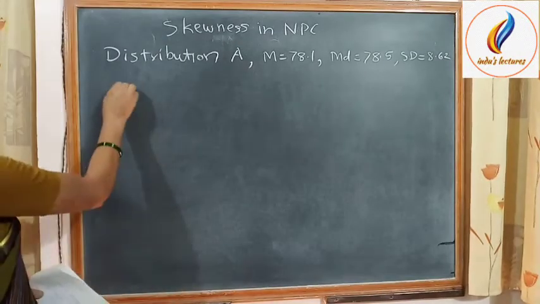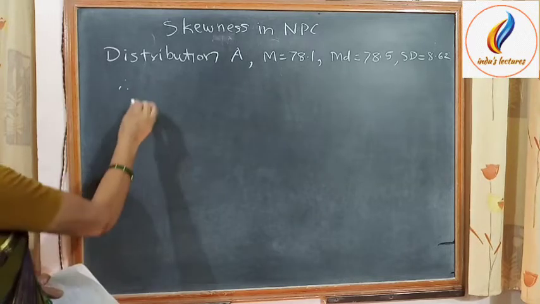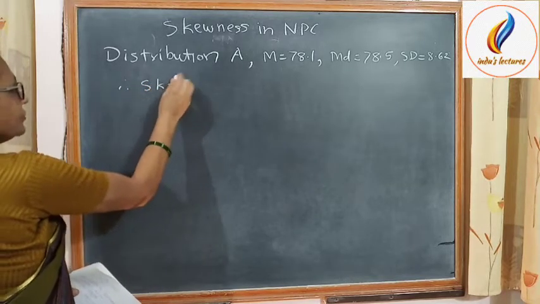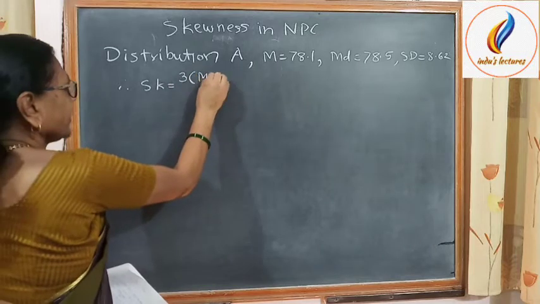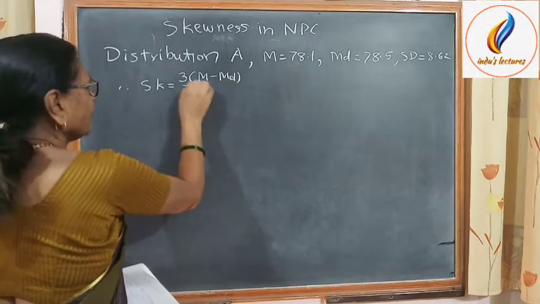So skewness of this distribution can be calculated by the formula Sk is equal to 3 (M minus Md) upon SD.